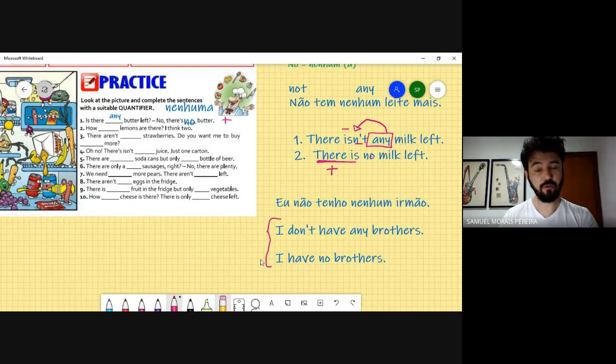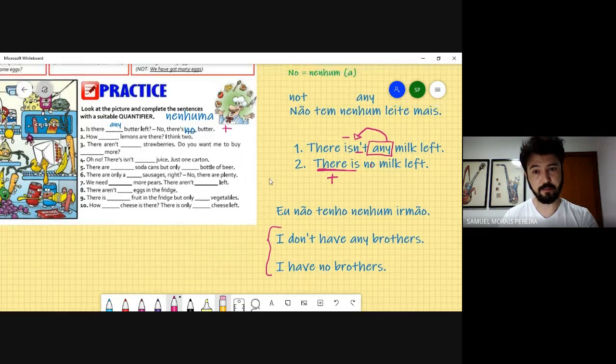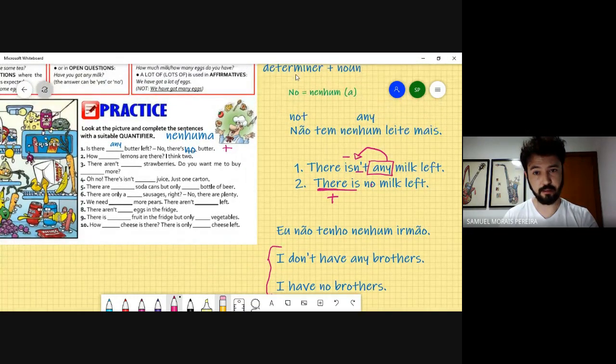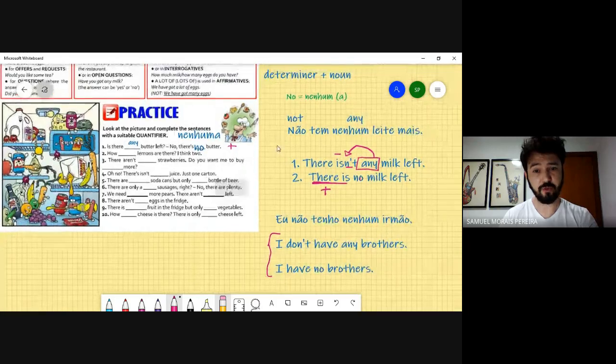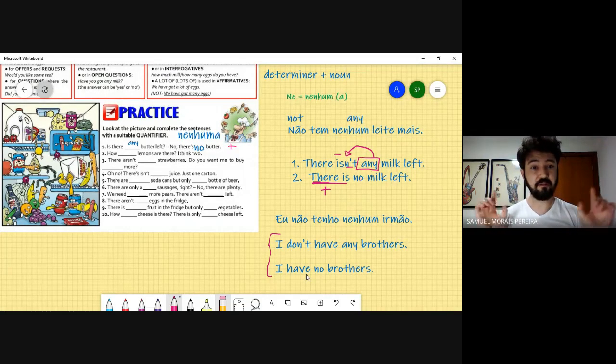And when we use the word no as a determiner, you have to remember that you can only use no in a sentence as a determiner when the sentence is affirmative. So the verb has to be in the affirmative form, okay? Moving on, number 2.